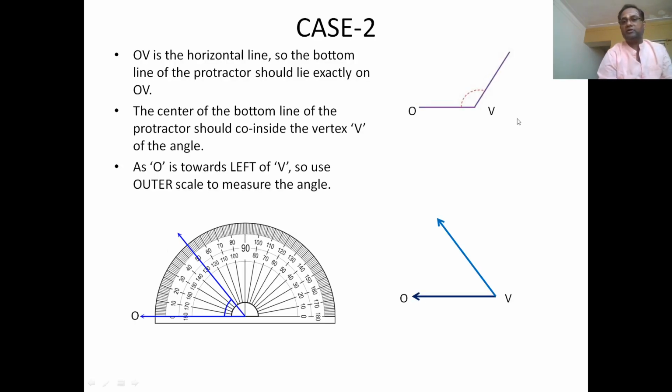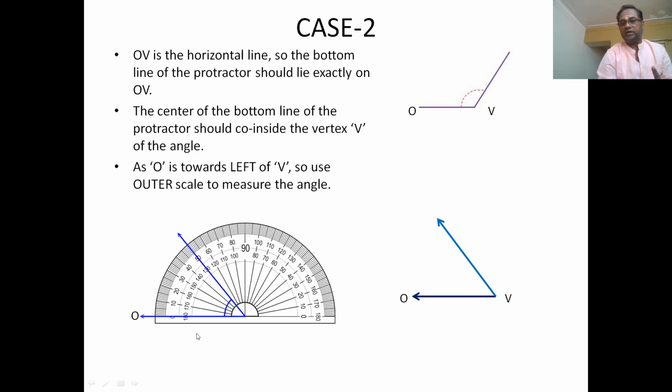Here you can see, children, this is the vertex V, this is the bottom line, and this is 0. Now 0 here is towards the left of the vertex V. OV is the horizontal line, so the bottom line of the protractor should lie exactly on OV.